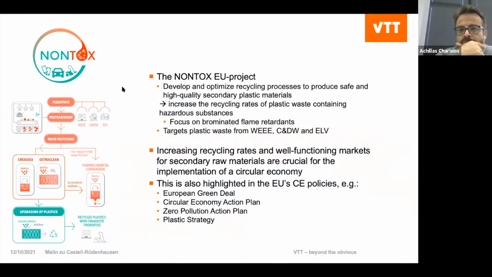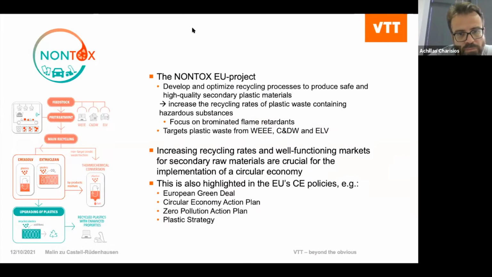Increasing recycling rates and a well-functioning market for secondary raw materials are crucial for the implementation of a circular economy, which is also highlighted in the EU's circular economy policies. The NonTox project aims to increase the recycling rates of plastic waste containing hazardous and undesired substances, with a focus especially on the brominated flame retardants.